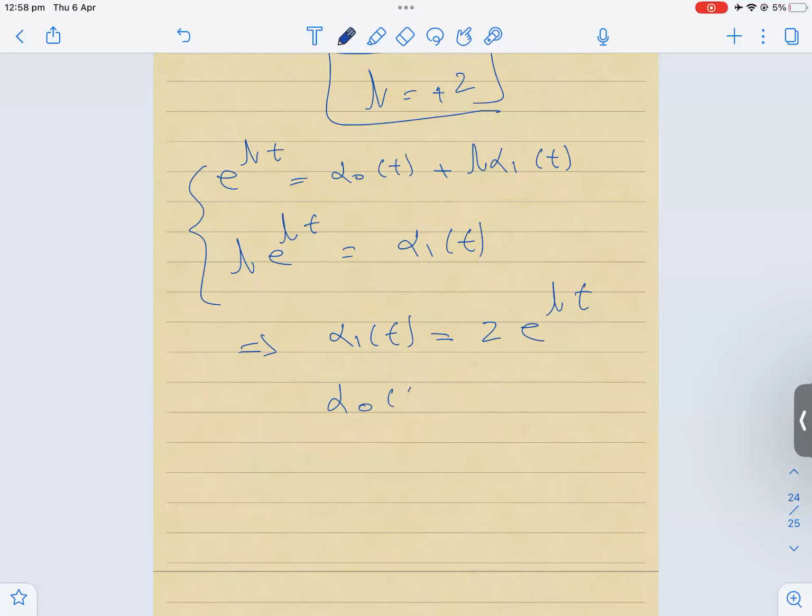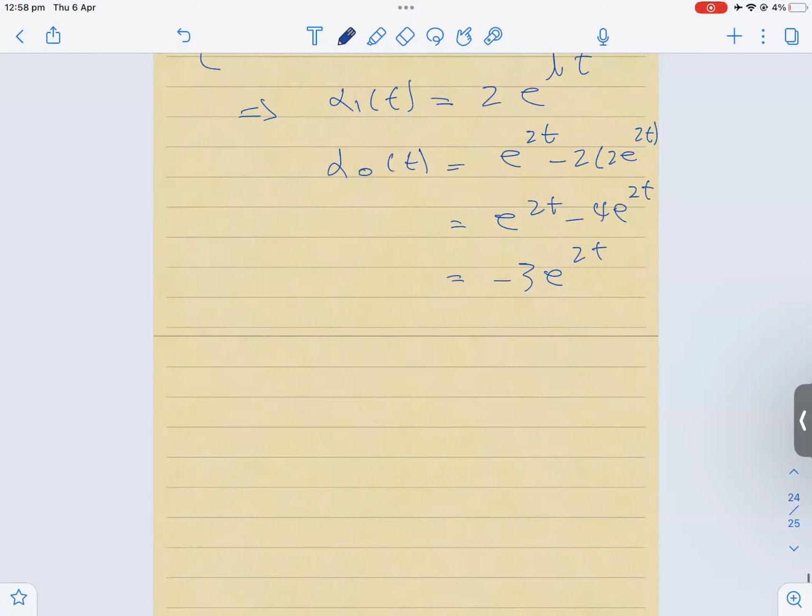Alpha 0 t will be e to the 2t minus 2 times e to the 2t, which will be e to the 2t minus 4 times e to the 2t, minus 3 times e to the 2t. Oh, okay. So you've got this one.